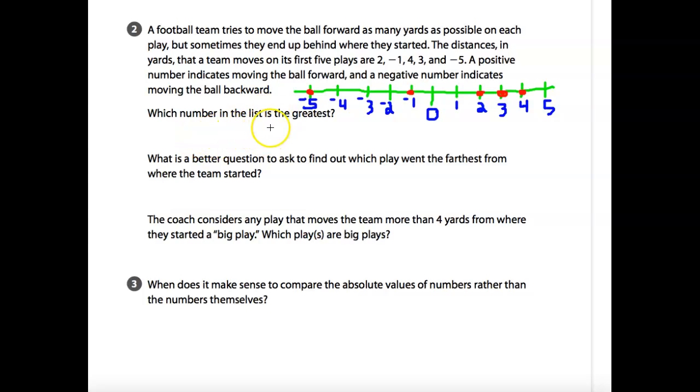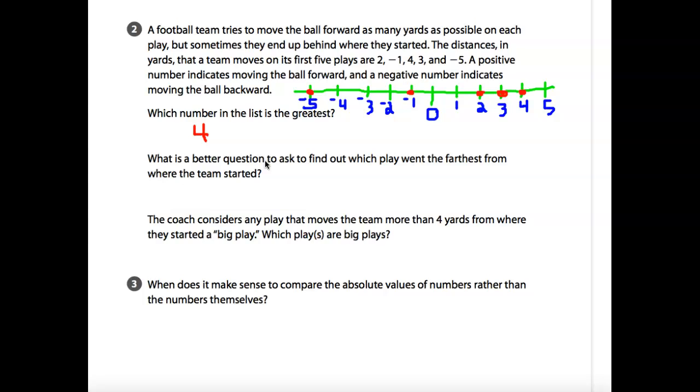So which number in the list is greatest? Well, we know that positive numbers are always bigger than negative numbers. So even though this is a -5, and you think 5 is bigger than 4, because this is negative, the greatest number there is 4. Okay? So what is a better question to ask to find out which play went the farthest from where the team started?